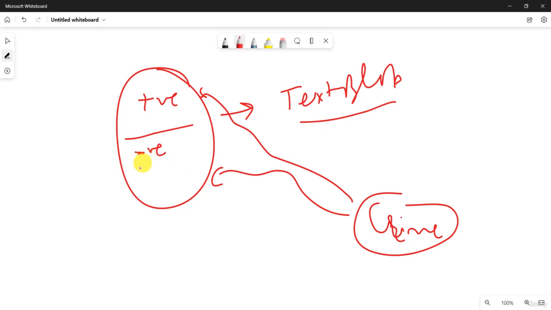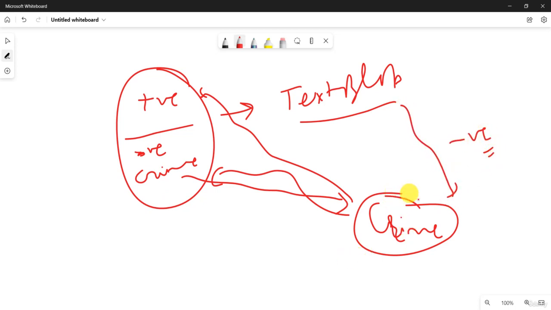Let's say in the negative words, the word crime has already been inserted. Then it will match this word, and since the word is in the negative domain, TextBlob will represent the word crime as negative. So this is how TextBlob works.